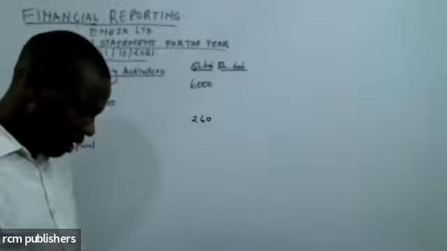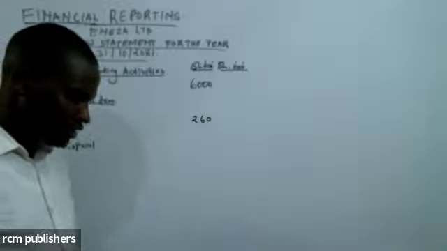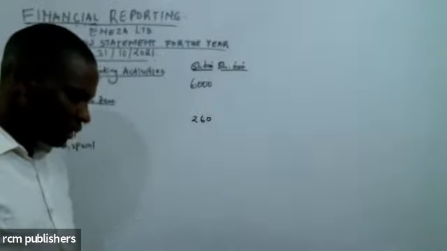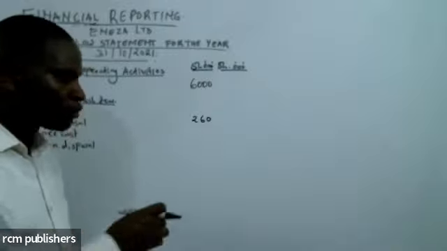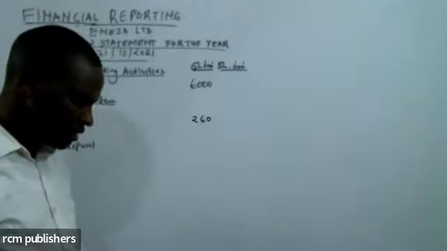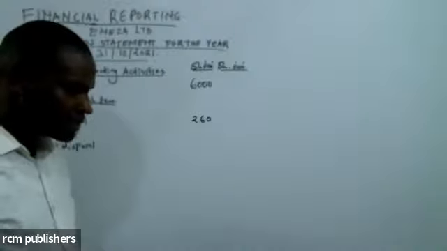So above the PBT, profit before tax, let's look at our items that reduced or increased our profit, and they are part of our non-cash items. Like for example, I can see there was interest received and then interest paid.